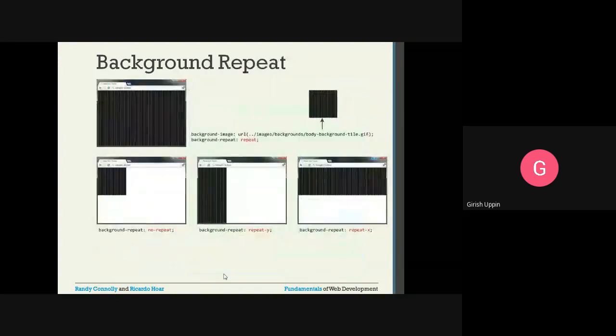This is the example. We have background image URL. This is the GIF. This is the property background-image, and we are providing the URL and the location, body-background-title.gif. This is the image, and it looks like this. And background-repeat property we have given as repeat.